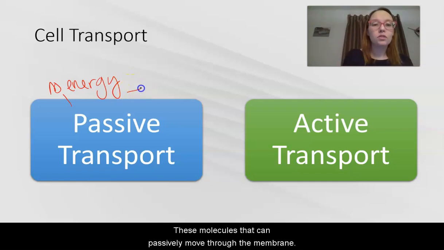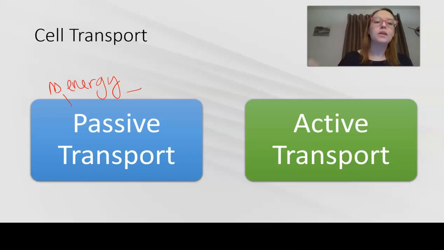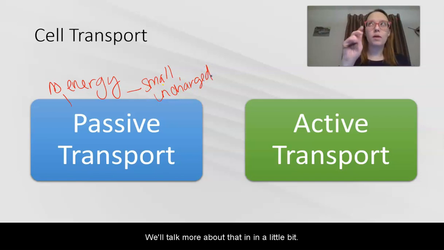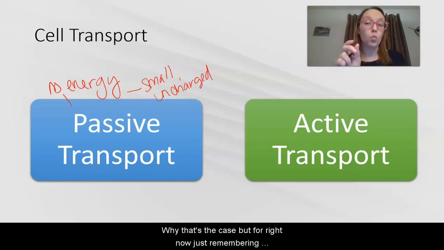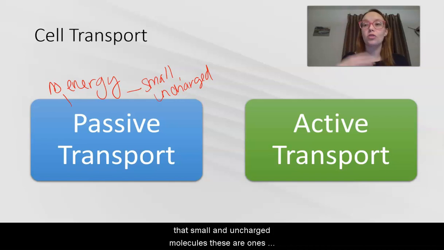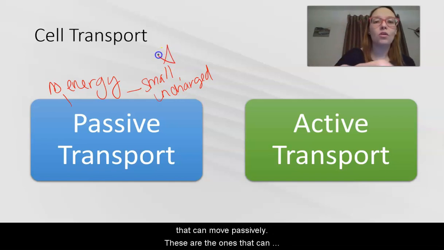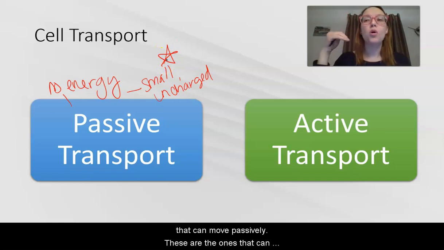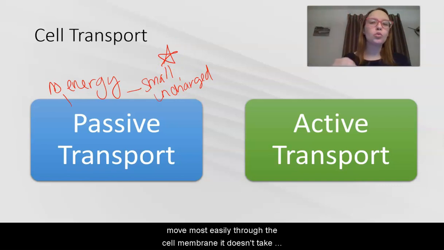These molecules that can passively move through the membrane, these are going to be small and uncharged. And we'll talk more about that in a little bit, why that's the case. But for right now, just remember that small and uncharged molecules are ones that can move passively. These are the ones that can move most easily through the cell membrane.